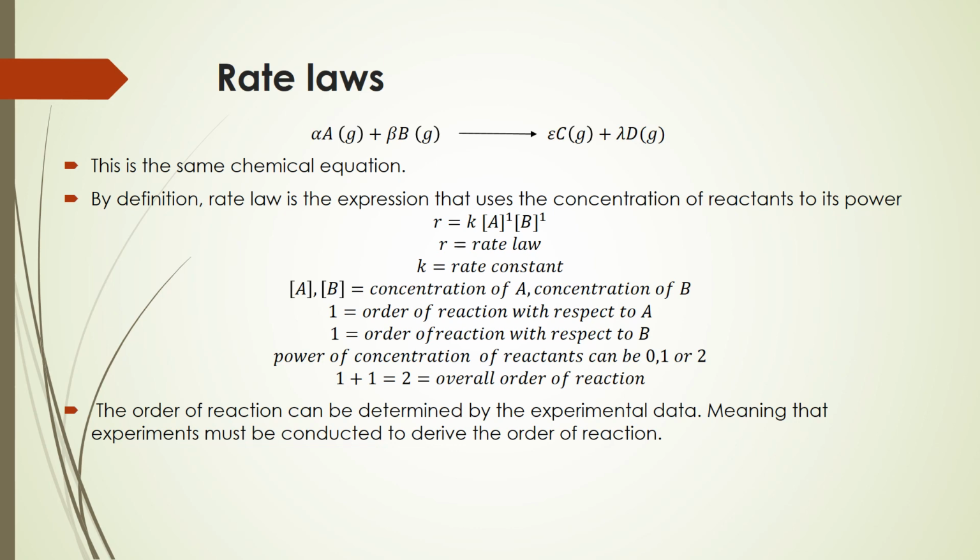Now, in that rate law equation, only the concentration of A matters, meaning that changing the concentration of A has an impact on the rate of reaction, either to increase or decrease it. Changing the concentration of B has no effect because B is to the power of 0. So that is the importance of knowing the rate law for a certain reaction.